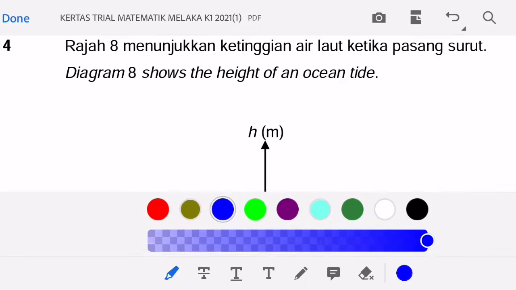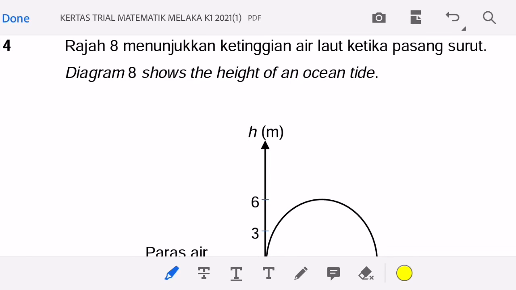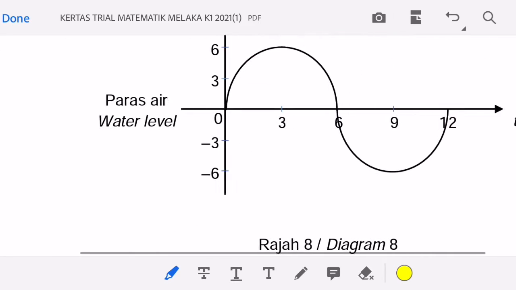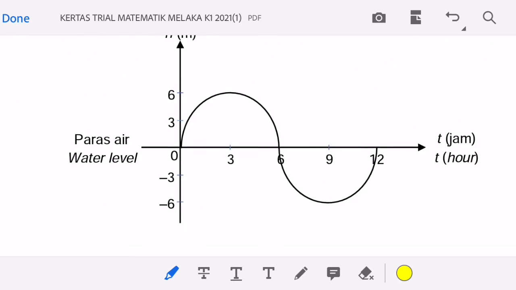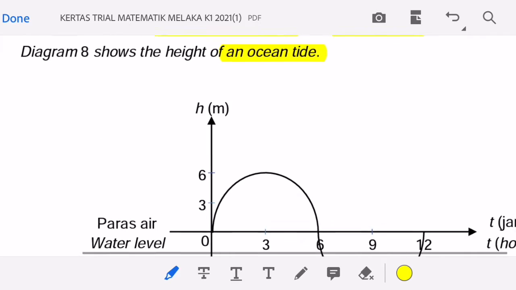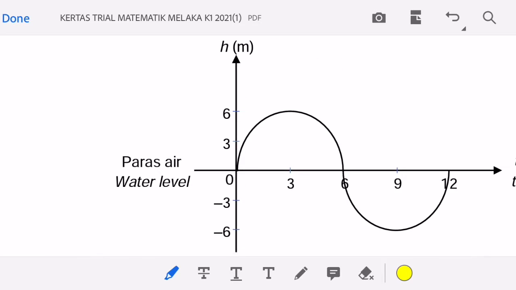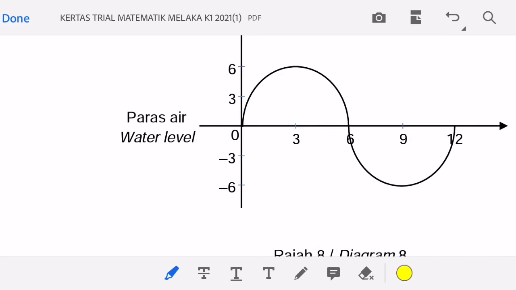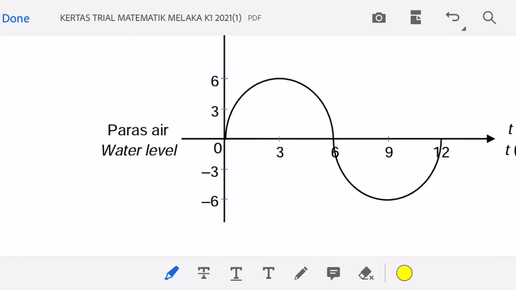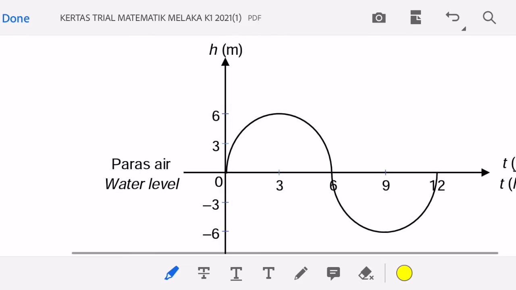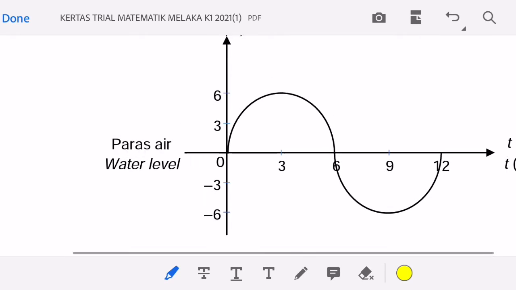Number 14, Rajah 8 menunjukkan ketinggian air laut ketika pasang surut. Diagram 8 shows the height of an ocean tide. Tide is the seawater, right? It comes up and down, following the shape of the wave.